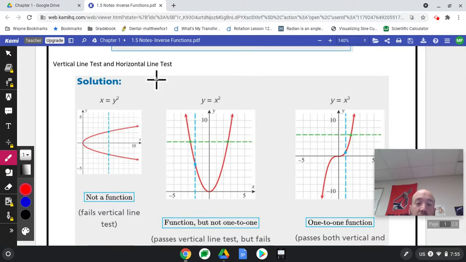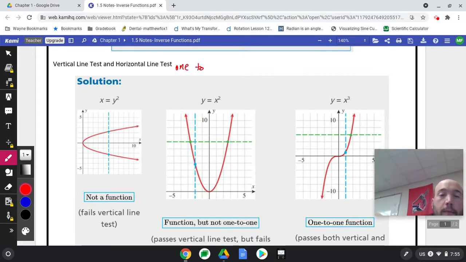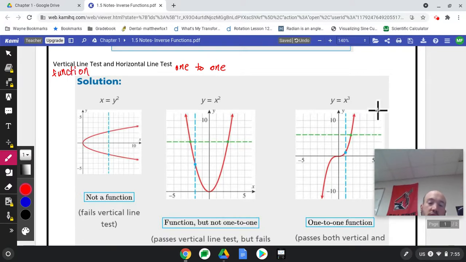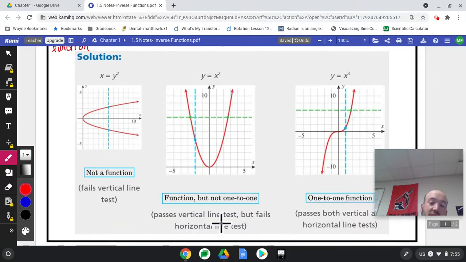The horizontal line test helps us determine if it's one-to-one. The vertical line test determines is it a function. Okay. Now, as you can see, it touches twice, so it is not one-to-one. As it says, it passes the vertical line test, but it fails the horizontal line test.